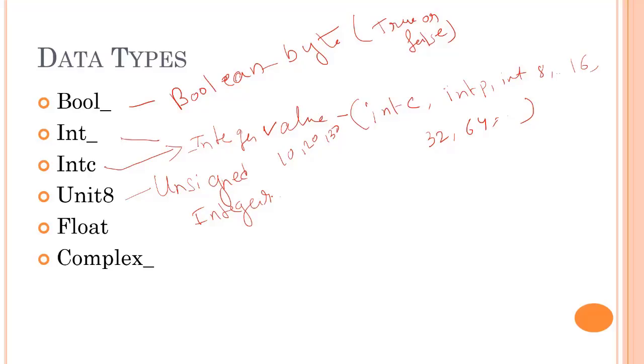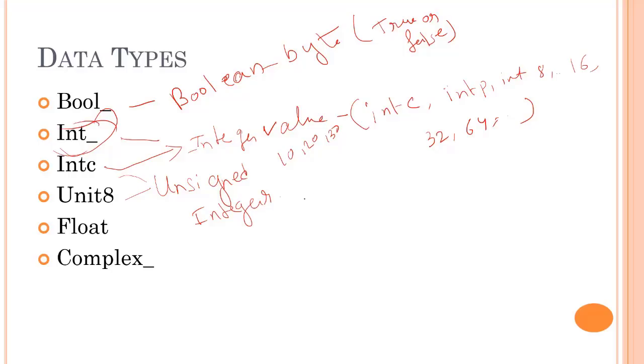That is the default value. Either it will be stored in 64, or it will be stored in 32. Now when it comes to intc, it will store normally in 32 or 64. For 8 bits, it comes to minus 128 to 127, it continues. Same way, unsigned integer, whenever we use it, it stores a value from 0 to 255.